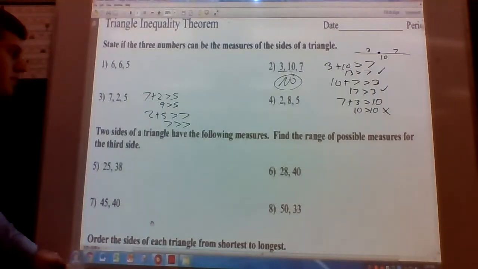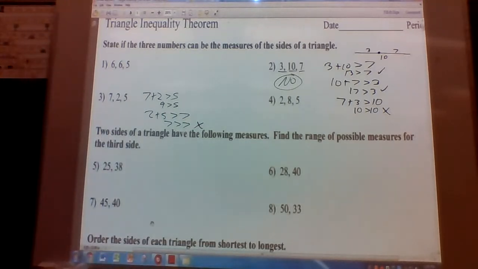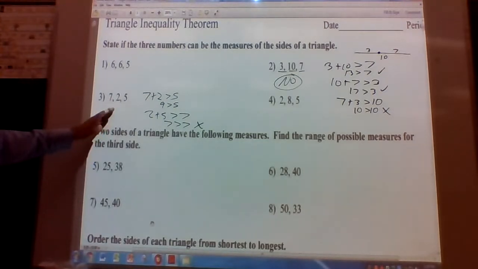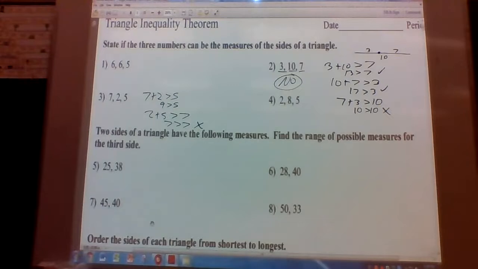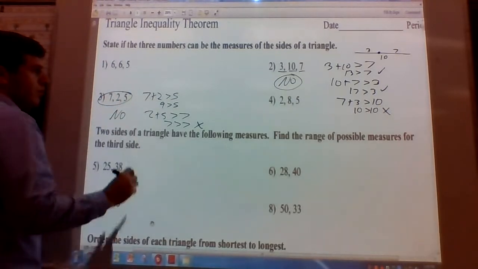No, 7 is equal to 7. So this is not going to work. We don't need to even try the next one, because the Triangle Inequality Theorem says any 2 sides that you pick will add up to more than the third side. So if just one of the pairs you pick does not add up to more than the third side, then you know you cannot form a triangle. So again, this one is no.